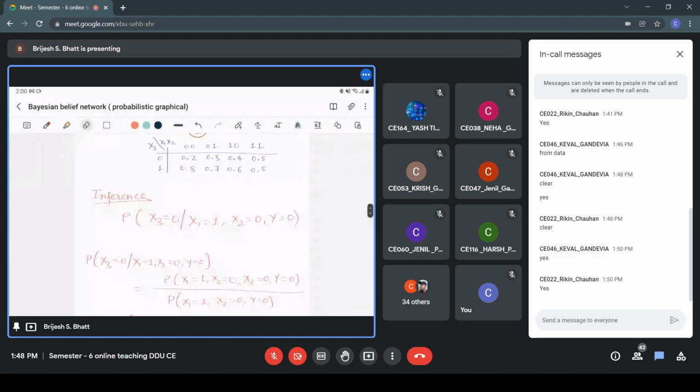The rule I am talking about is: probability of A given B is equal to probability of A and B divided by probability of B.